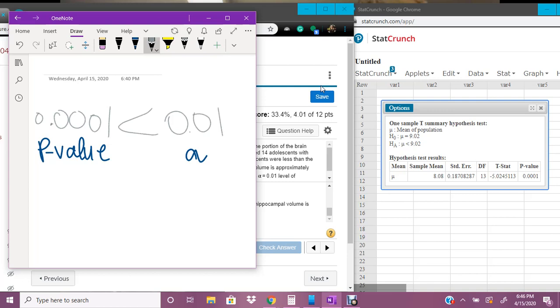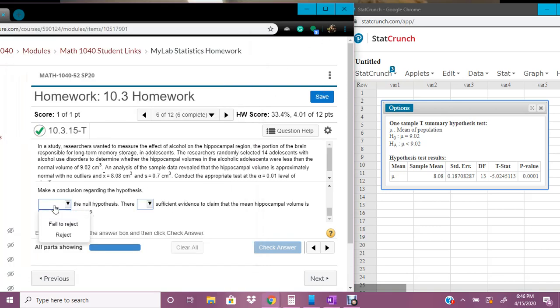And so my level of significance is greater than my p-value. And the rules say that if my level of significance is greater than my p-value, then I'm going to reject the null hypothesis, because there is sufficient evidence to support the claim that they're trying to prove.